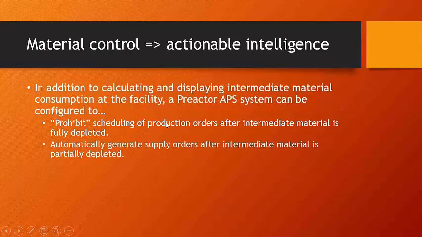Now another option is to automatically generate supply orders after intermediate material is partially depleted. This is part of how PMC configures not just Preactor itself, but the surrounding system. So if Preactor can automatically generate those supply orders and then send them to the upstream department, there's minimal need for that human intervention, that human dialogue.